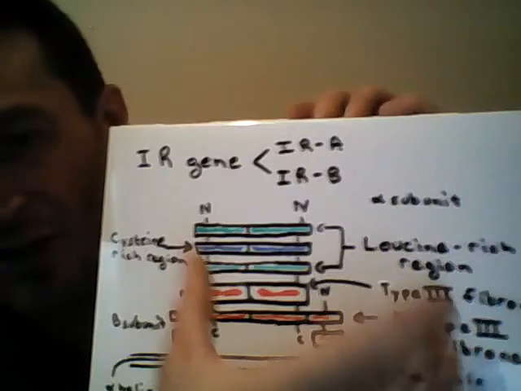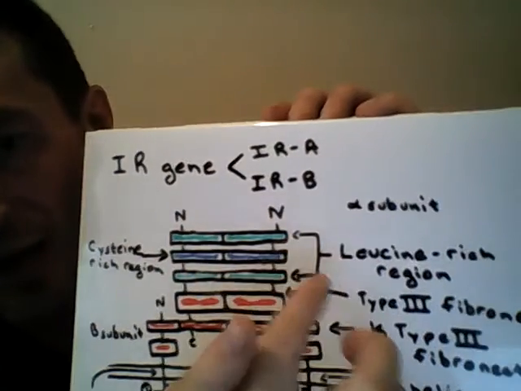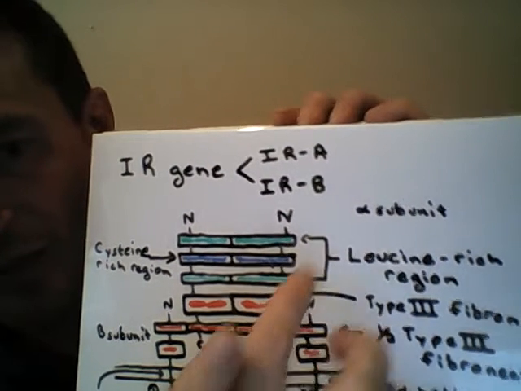Anyway, this is conserved, and this one right here in green, and this one right down here in green, is a leucine-rich region within the ligand binding domain. A few things I could tell you about leucine: leucine is one of the branched chain amino acids, and leucine is hydrophobic, so it doesn't have an affinity to water. So those are some details about leucine.